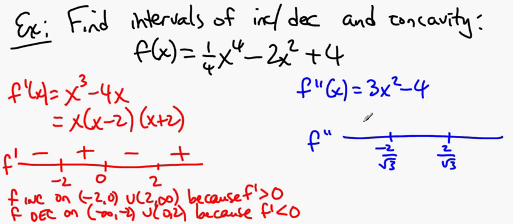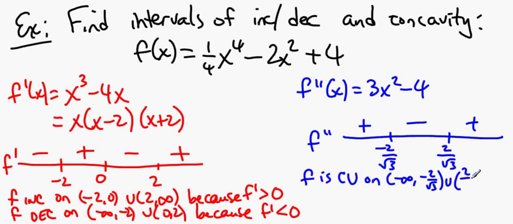This is a happy parabola. And so what do I know? F is concave up on negative infinity to negative 2 over root 3 and 2 over root 3 to infinity. Why? F is concave up if f double prime is positive.